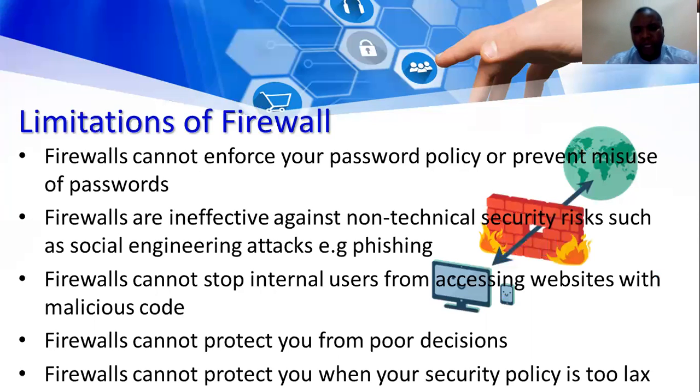A firewall cannot protect you from poor decisions. If you decide to allow some IP, and some of them are even malicious but you don't know, and you misconfigure your firewall, it cannot protect you. Sometimes you visit a website and make a decision that gets your system compromised. For example, in the case of malware, you visit a website and it has adware. You know what I mean by adware?